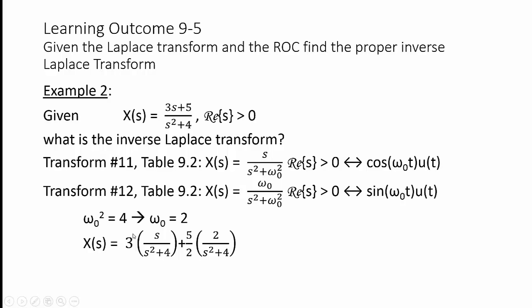Therefore, we know the coefficient that needs to go here. And now we can look at the second part. We need to have a 2 in the numerator. So what gives us 5? 5 halves times 2 gives us 5. Okay, now we can directly apply the transforms plus some linearity, and we get our inverse transform.